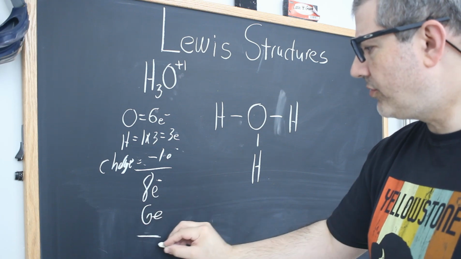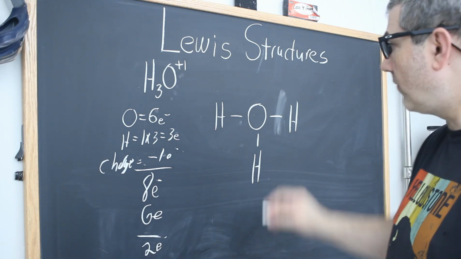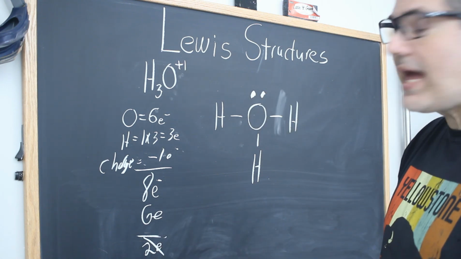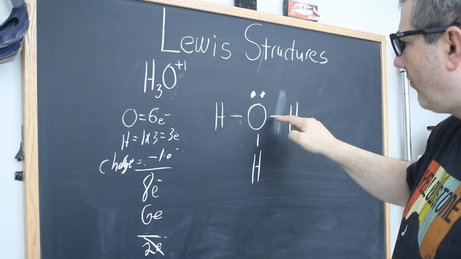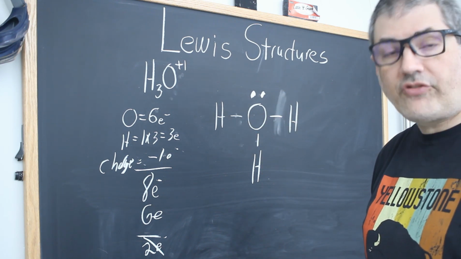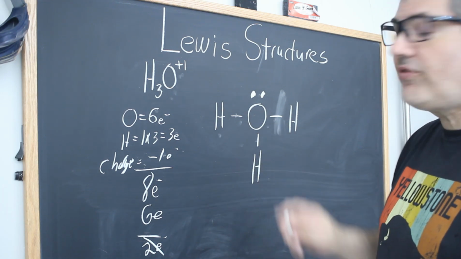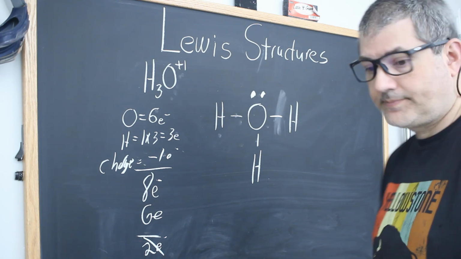So all of the hydrogens are bound together, but we still have 2 electrons left over. So now we've used all our electrons. 2, 4, 6, 8. The oxygen obeys the octet rule. Hydrogen does not have to, so this is the correct Lewis dot structure.